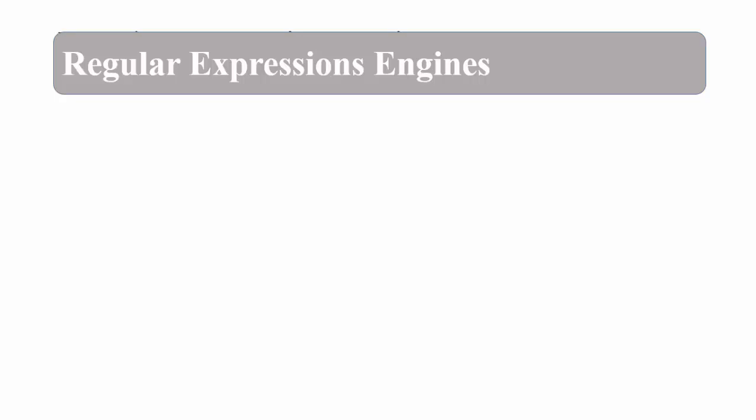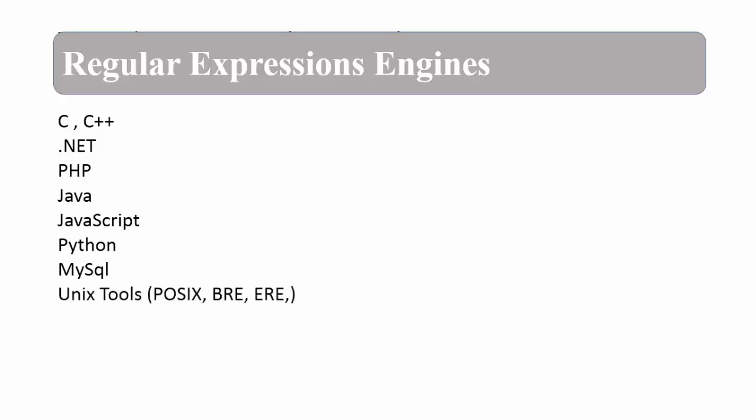The most popular engines are C, C++, .NET, PHP, Java, JavaScript, Python, MySQL, Unix tools, POSIX, BRE and ERE versions, Apache, and Perl. Honestly, I cannot tell you the difference between these tools as far as regular expressions are concerned right now, because we have not started working with regex yet. So throughout this course, I will show you the different approaches of regex with these tools.